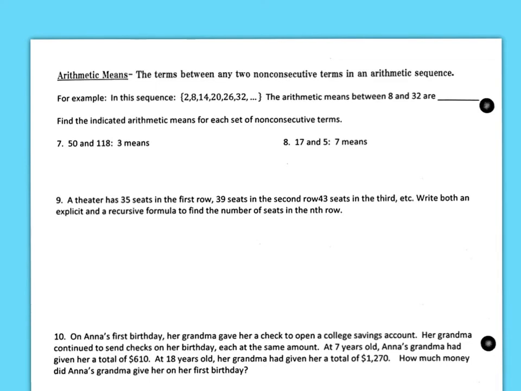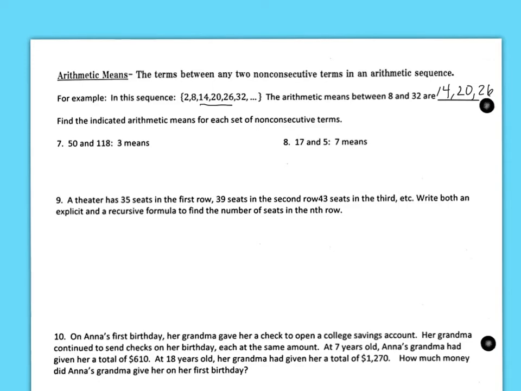It could be 1 mean between them. So it kind of varies. So just to give you an example, in this sequence, the arithmetic means between 8 and 32 are those three numbers. So the means are the numbers 14, 20, and 26. It's a fancy way to say find all the terms in between this number and that number.